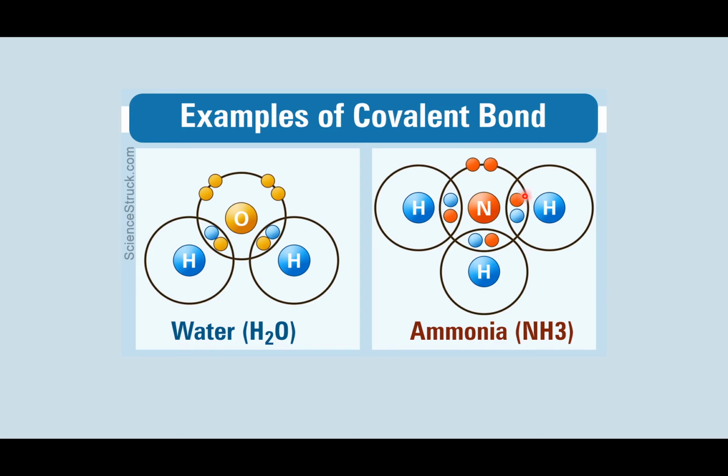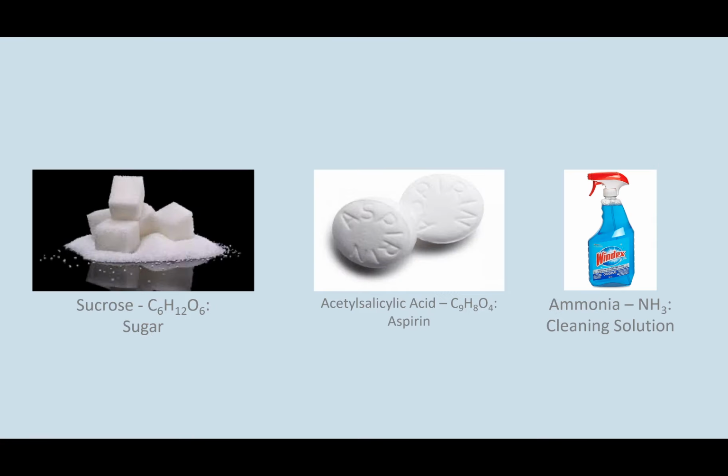It's forming 3 bonds with 1 hydrogen each. Hydrogen now has 2 electrons in its outer shell because of that bond that is formed with ammonia. So again, just a more visual example of what we mean by the electrons being shared.